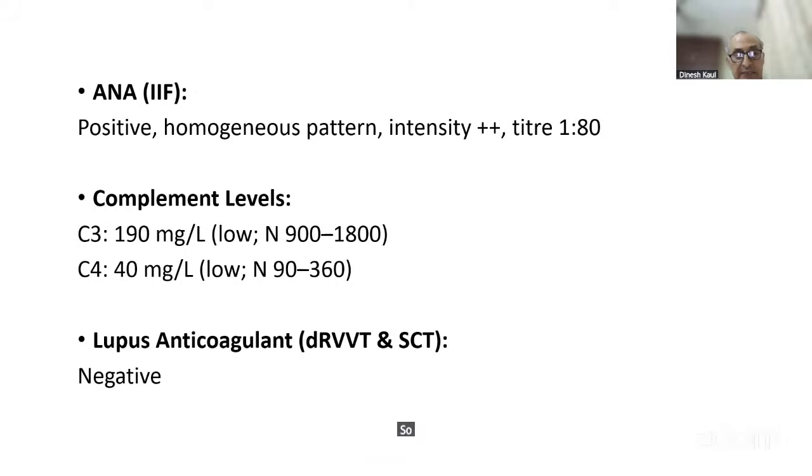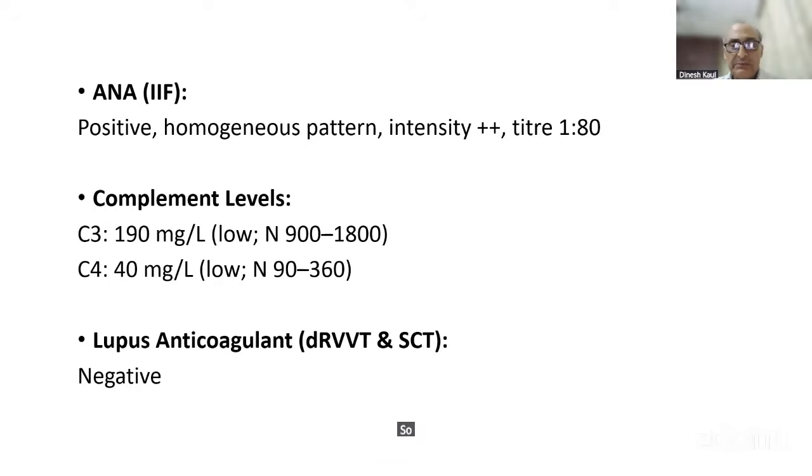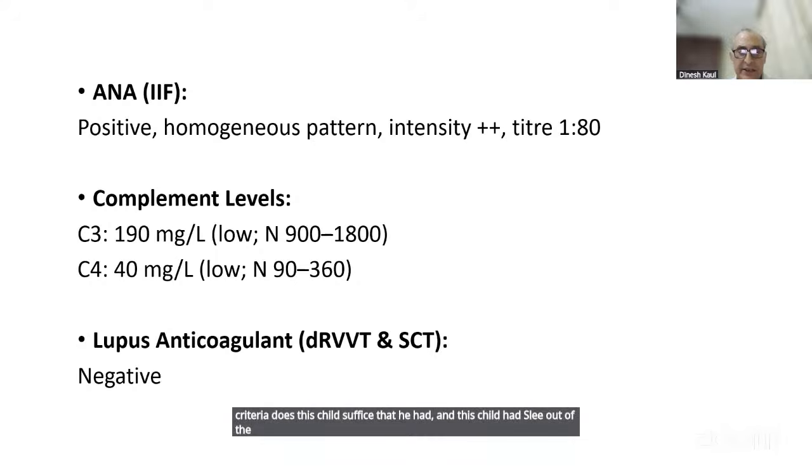So why did this patient have ulcers? The answer is very simple, because possibly this child has SLE. Mucocutaneous ulcers are part of the disease. How many criteria does this child satisfy out of the 11 criteria?